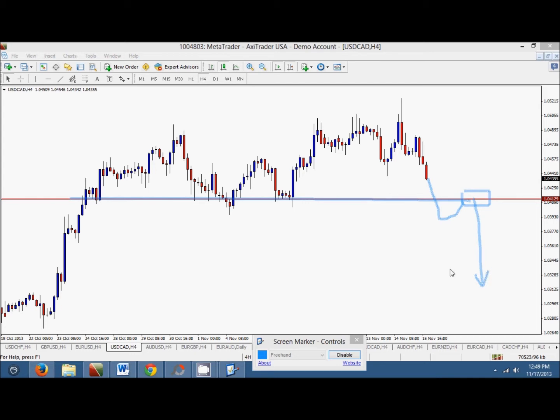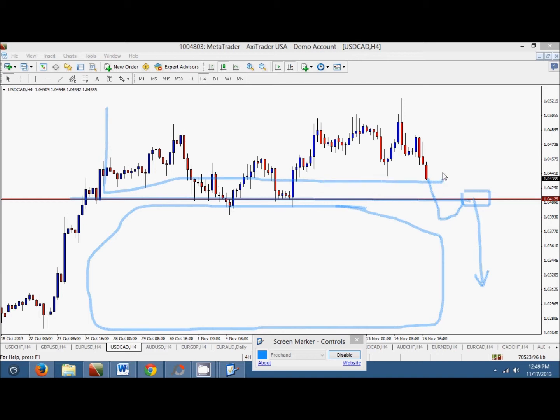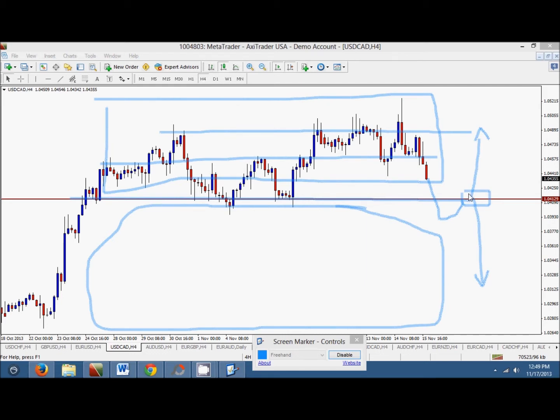Now I say this is ideal because as you can see over here, there is a ton of open space for this trade to move freely without getting interfered with, as it would if we were to long this pair and prices respected the support zone and we went up right here. All this traffic to the left of the trade would really interfere with prices moving up.